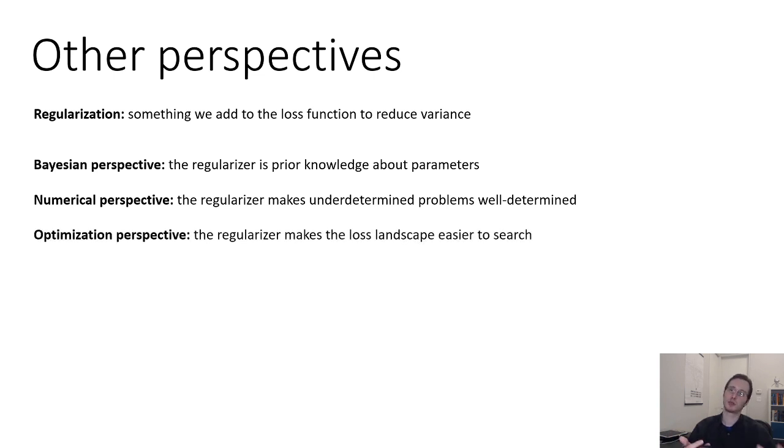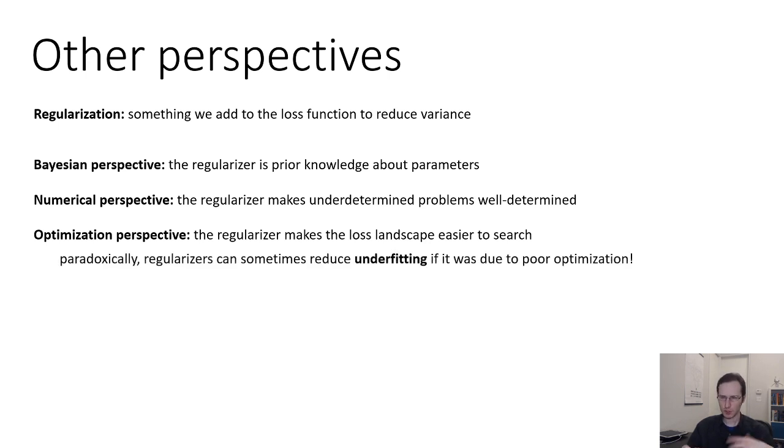You can also take an optimization perspective on regularization. So far, we talked about regularization as a way to reduce overfitting, but you can also in some cases use regularization to make it easier to optimize the loss landscape. So perhaps paradoxically, a regularizer can sometimes reduce underfitting if the underfitting was due to poor optimization, and the regularizer was chosen very carefully to reduce those optimization challenges.